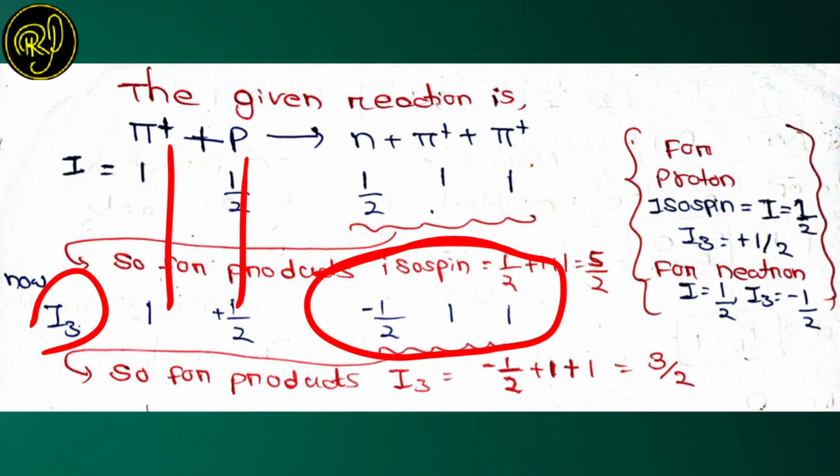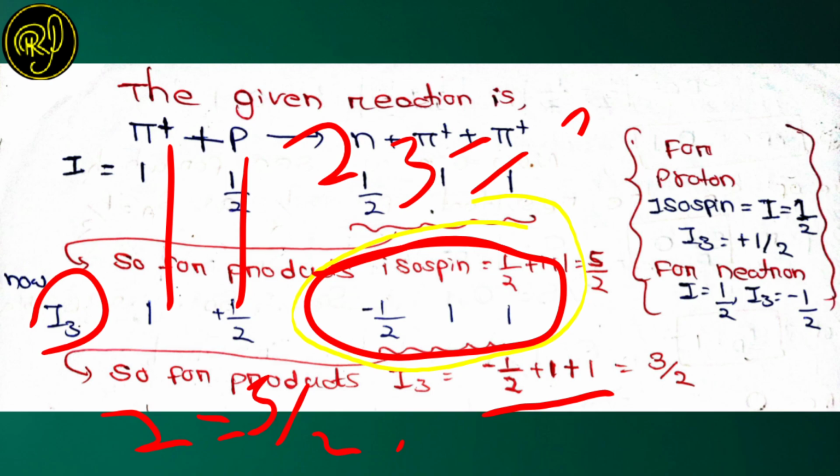So minus half plus 1 plus 1, that is 2 minus half, which comes out to be 3 by 2. Hence we get I equal to 5 by 2, and the third component of isospin I3 comes to be 3 by 2.